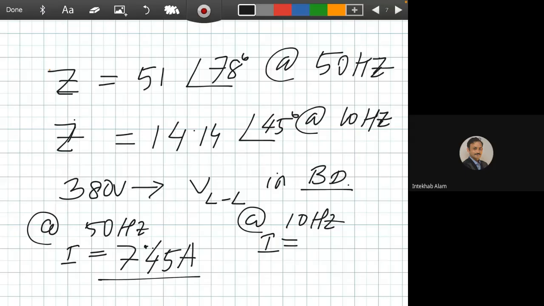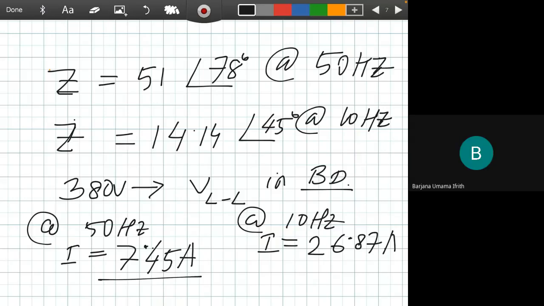So it's 0.707. So for 10 hertz, what is the impedance? 26.87. So what will be the angle? Minus 45 degree.